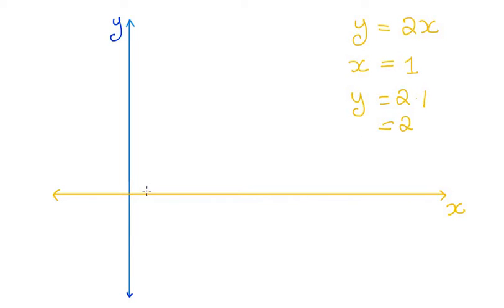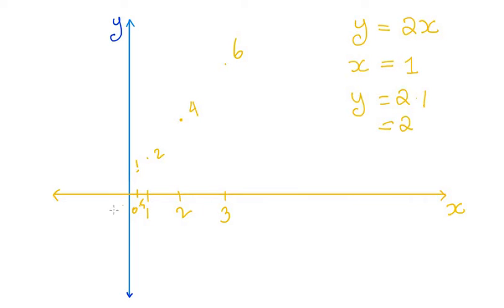So, if we have a value 1 over here, then the value here is going to be 2. And if we have 2 over here, the value is going to be 4. And if we have 3 over here, the value is going to be 6. So, it will continue like that for every value here.